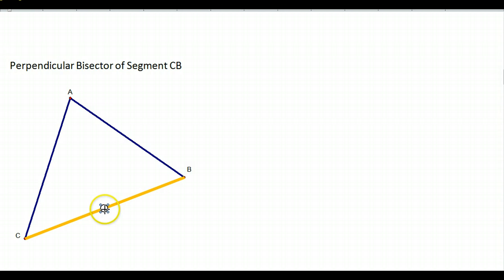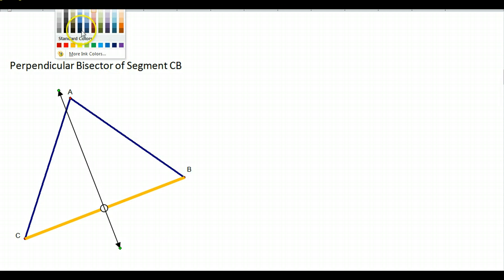So let me give it a shot. I'm going to start from here because I know it has to go through here. So this is me trying to form a perpendicular line. I think I'm doing okay, but who knows really. Okay, so I gave it my best shot. Let me make it a little bigger.